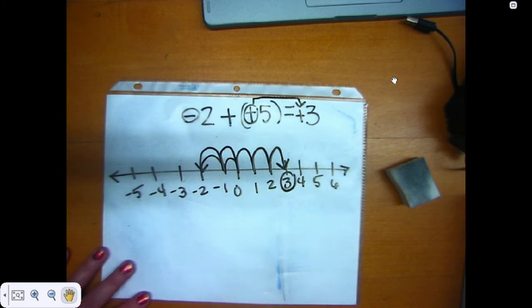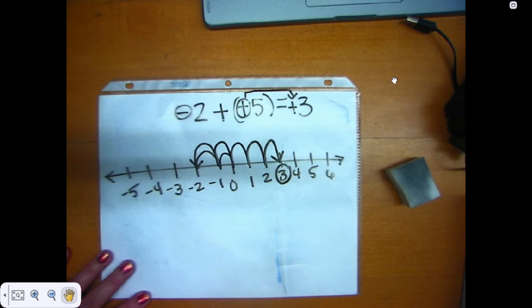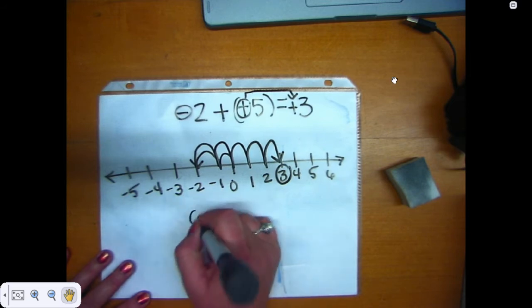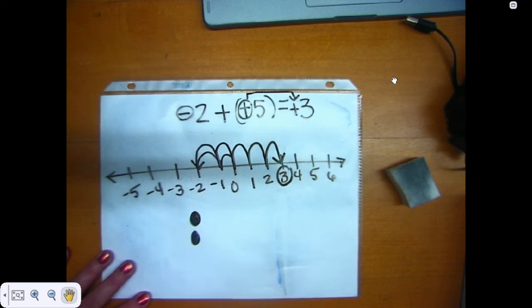How would I represent this as a model? So negative 2 would be red. So I'm going to represent red as a colored in circle. So 1, 2. And I'm going to represent 5 as an open circle or a non-colored in circle.